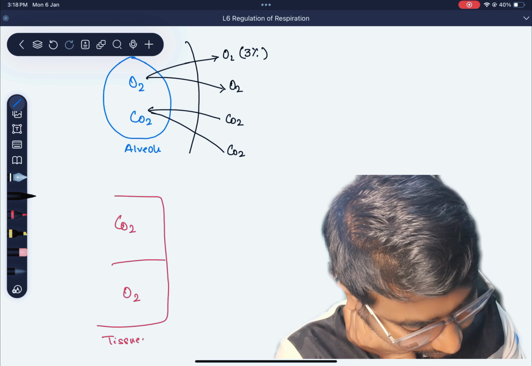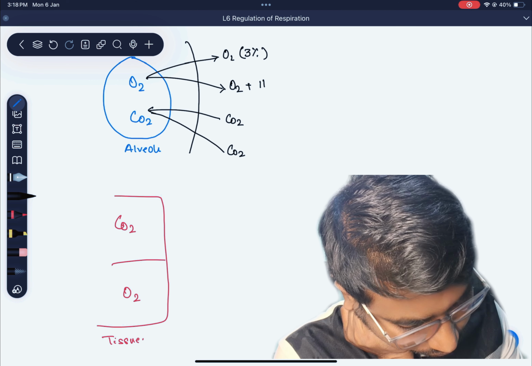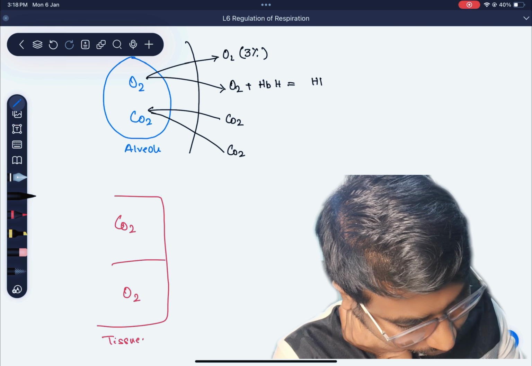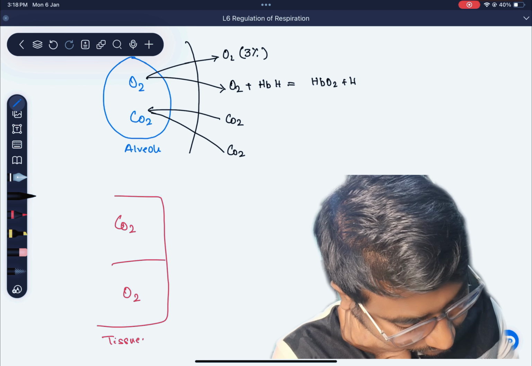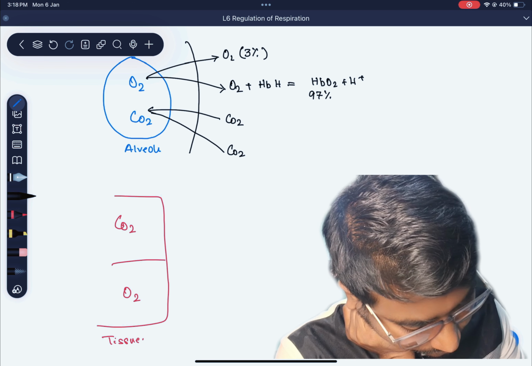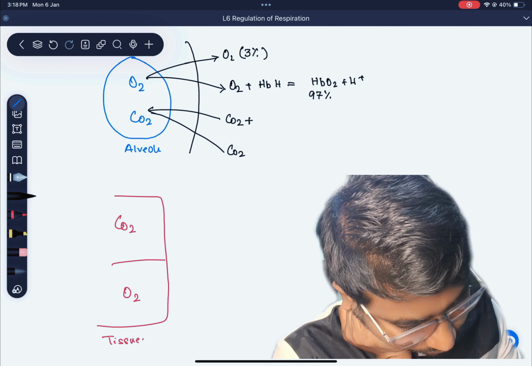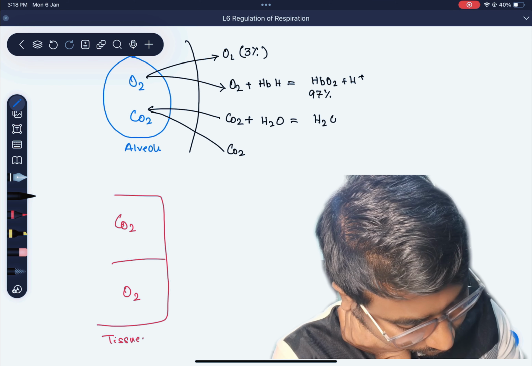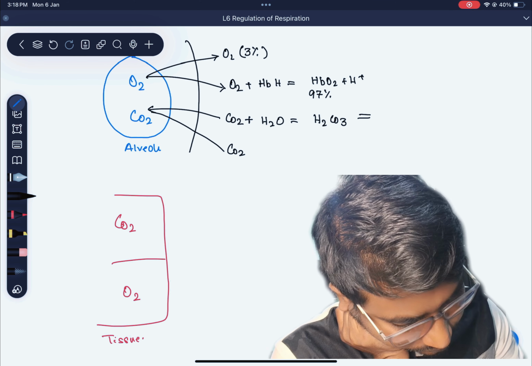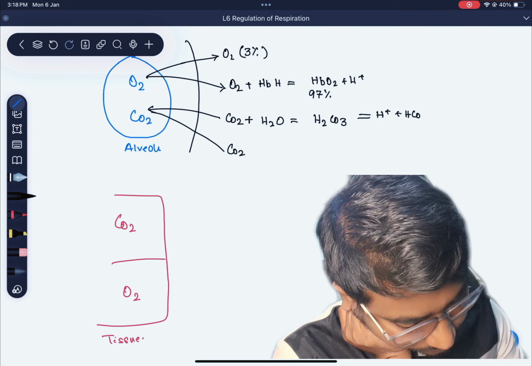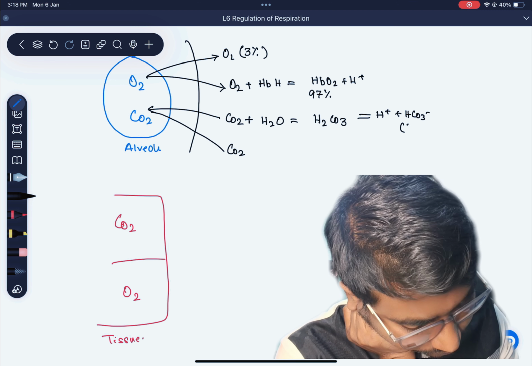Let me write the equations. Hemoglobin: HbO2 plus H plus. HbO2 is 97%. Carbon dioxide plus water forms bicarbonate, H plus plus HCO3 minus. It is 70% transported as bicarbonate ion.